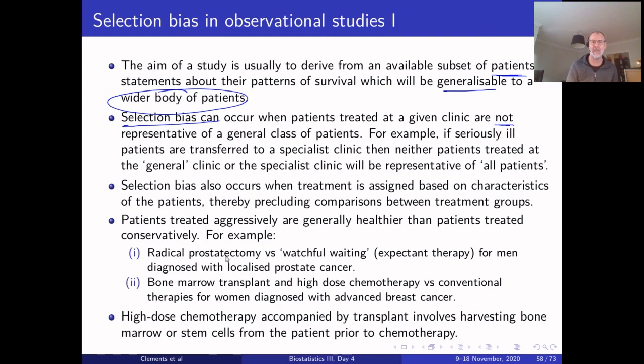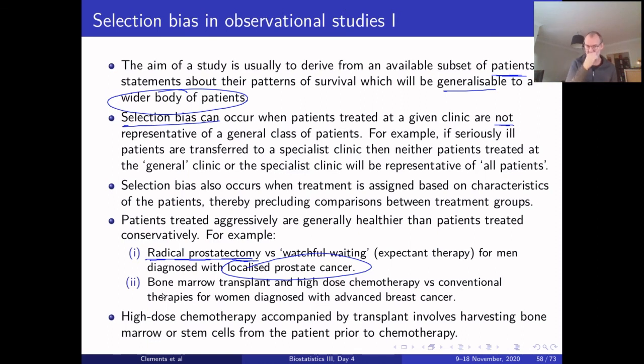For men diagnosed with localized prostate cancer, radical prostatectomy may be chosen more frequently for men who are healthier, because this is fairly advanced surgery, than men who are put on watchful waiting, which is basically waiting to see if the disease progresses.